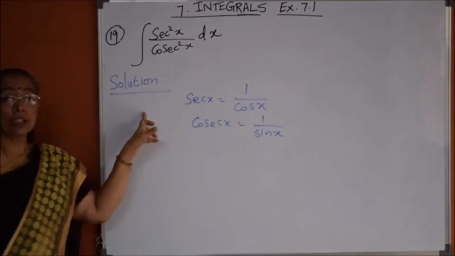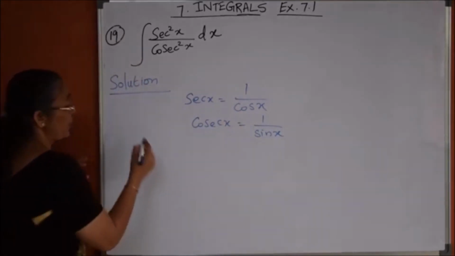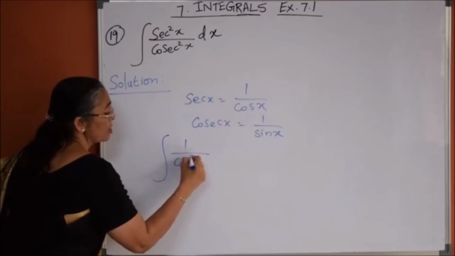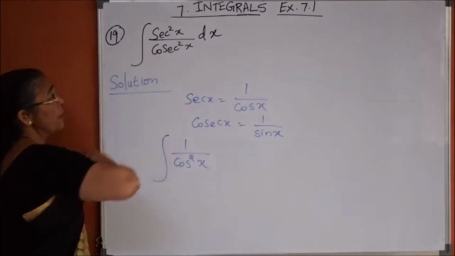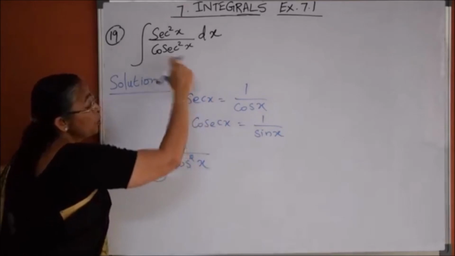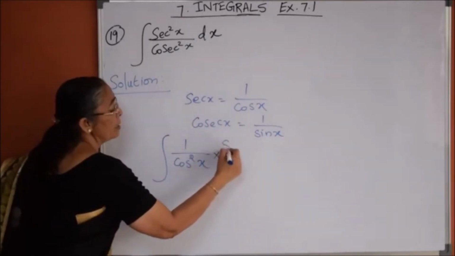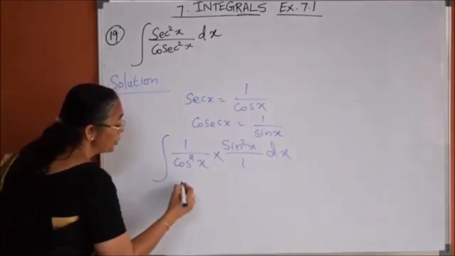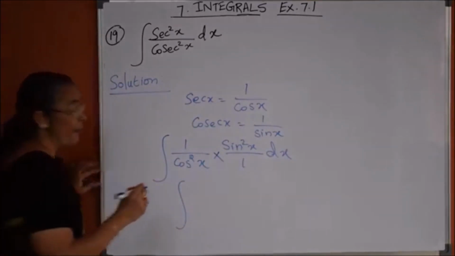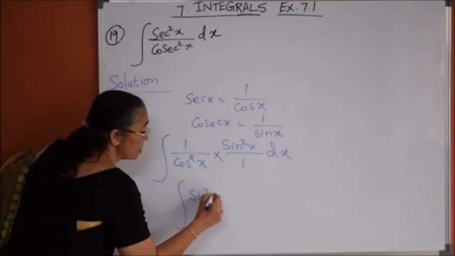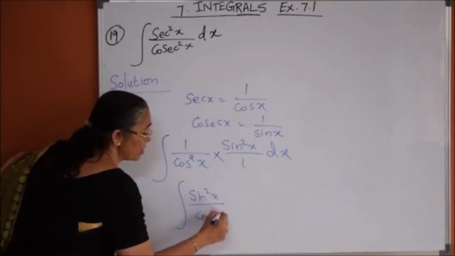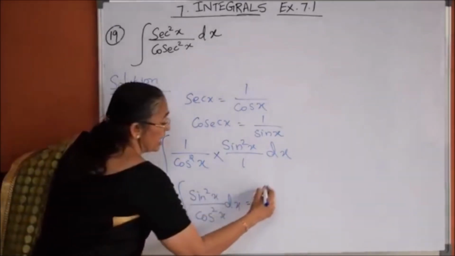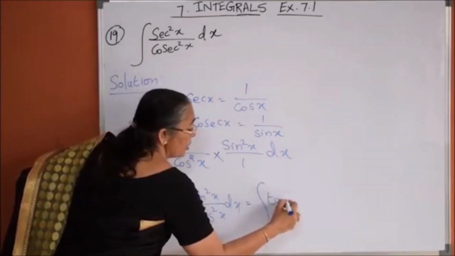So using this, secant square x can be written as 1 by cos square x, and the denominator cosecant square x will come as 1 by sin square x, which is the reciprocal, sin square x by 1. So the given function is simplified as sin square x by cos square x dx. Now again sin square x by cos square x can be written as tan square x dx.